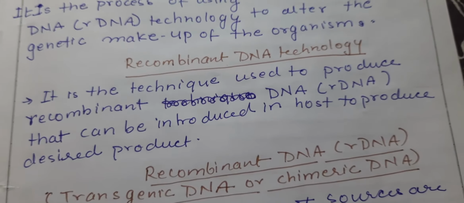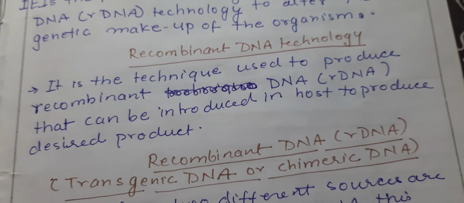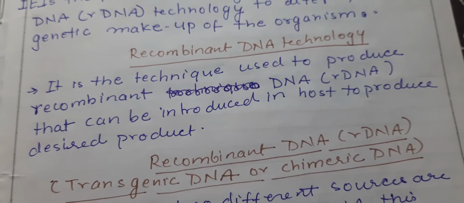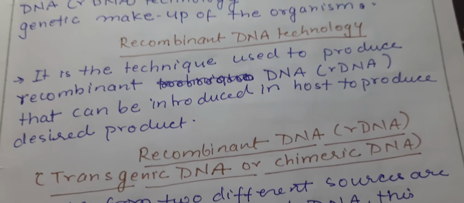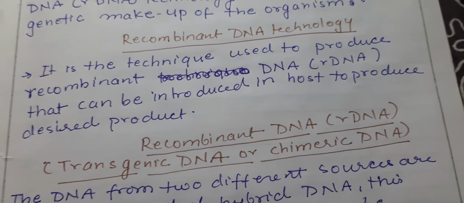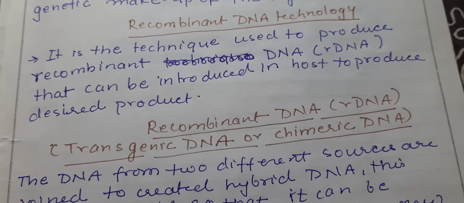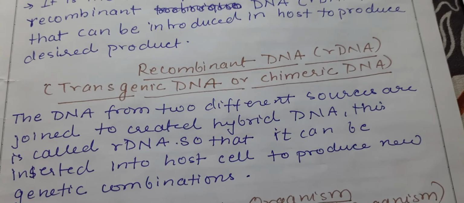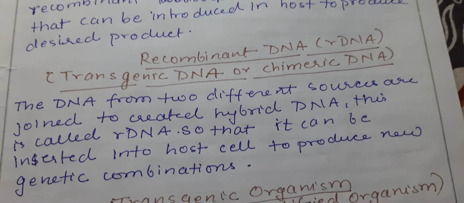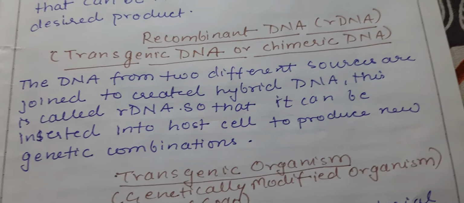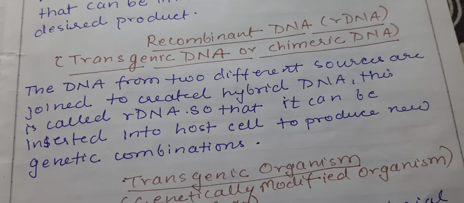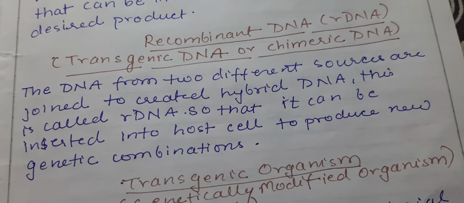Now recombinant DNA technology, what is that? It is the technique used to produce recombinant DNA that can be introduced in a host to produce the desired product. Recombinant DNA is also known as transgenic DNA, chimeric DNA, or rDNA. The DNA from two different sources are joined to create hybrid DNA.